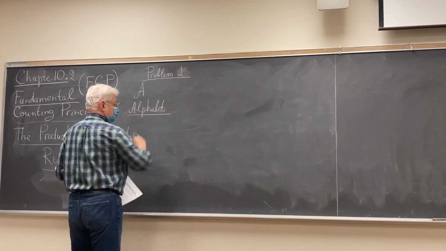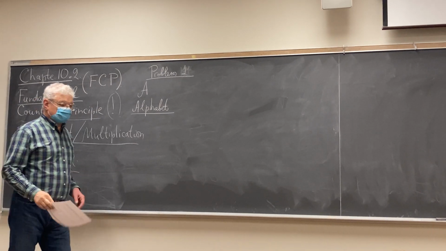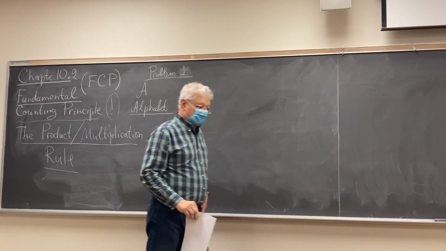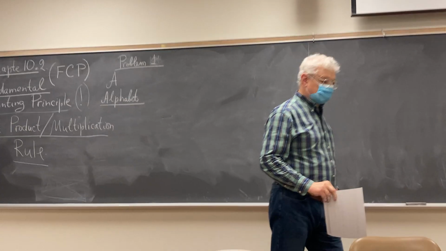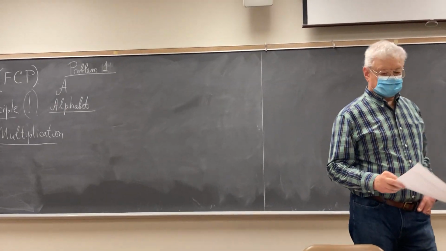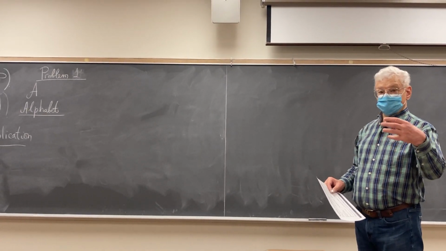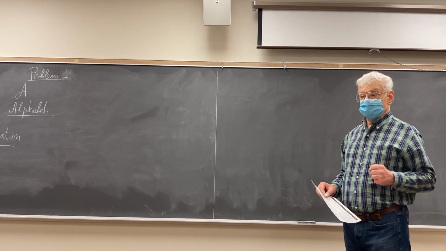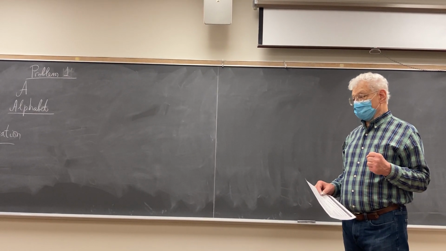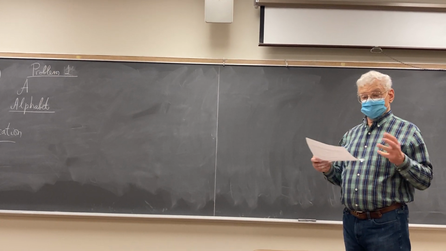Okay, why do I call it alphabet? Because all the digits we use for numbers, for integers, for fractions and so on, 0, 1, 2, 3 up to 9, are taken from the set from 0 to 9.